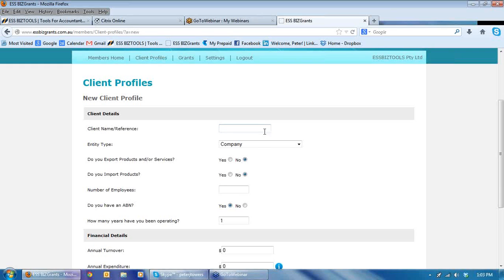Also, we are in the process of finalising an upgrade of ESS BIZGrants. We hope to have that available by around the end of June.